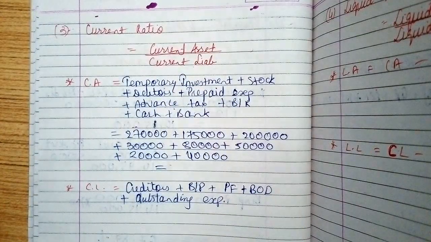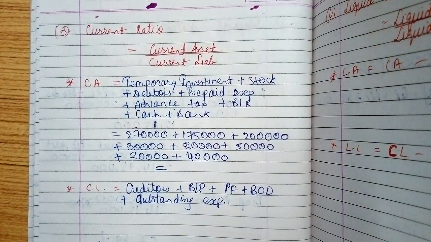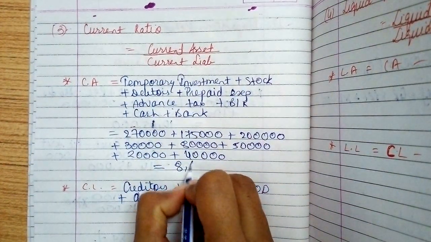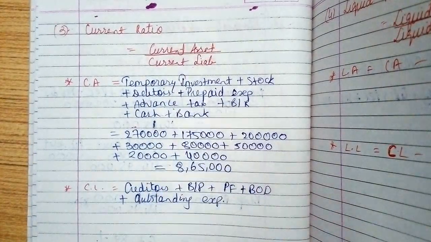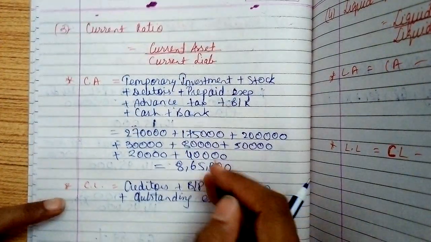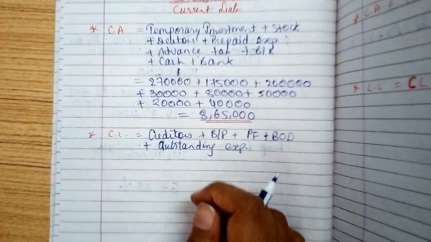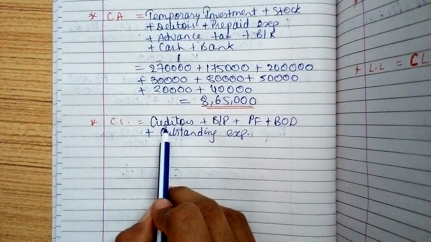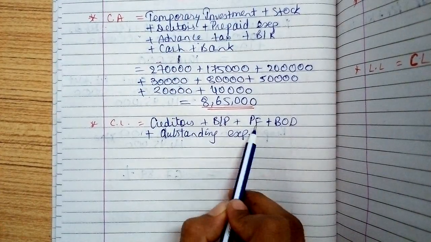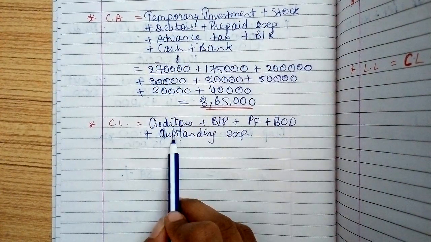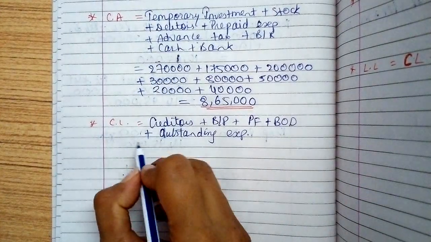So the total of current assets is 8,65,000 rupees. Okay, the total of all this is 8,65,000. Whereas current liability in this example will be creditors, bills payable, provident fund, bank overdraft and outstanding expenses.